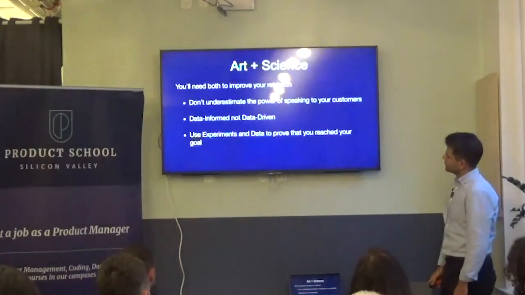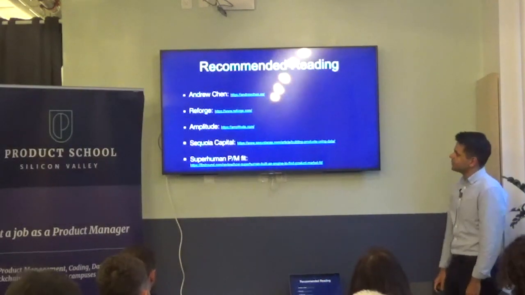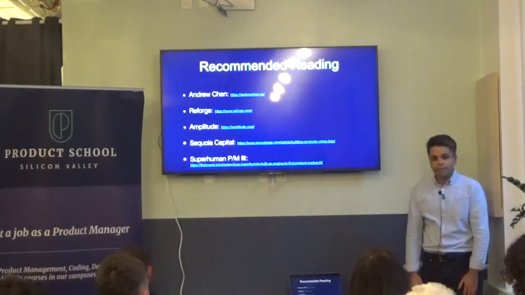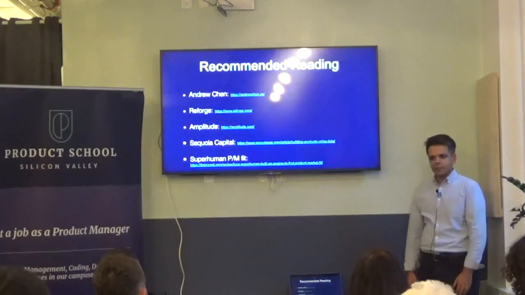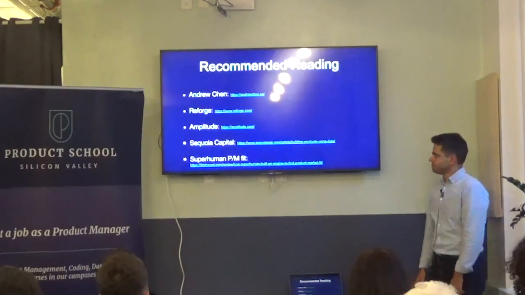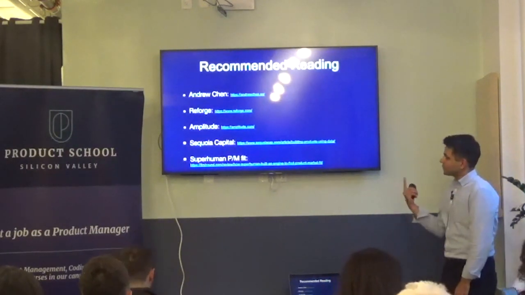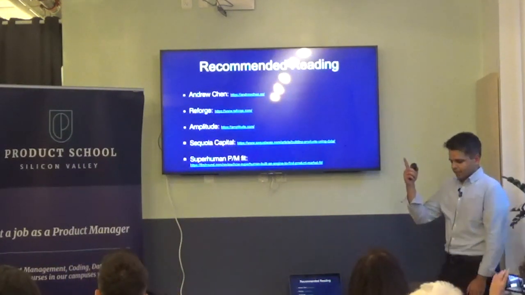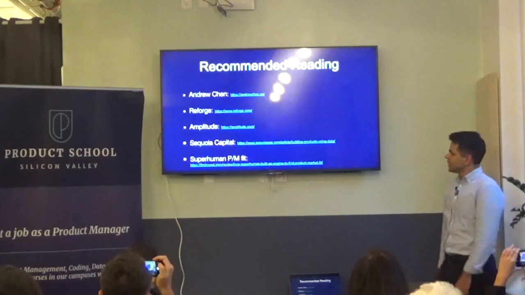So I think we're nearing the end, but I do want to share some reading that has definitely helped me a lot and influenced the way I look at product management. So Andrew Chen, like I mentioned, we showed his chart on the Android app usage.